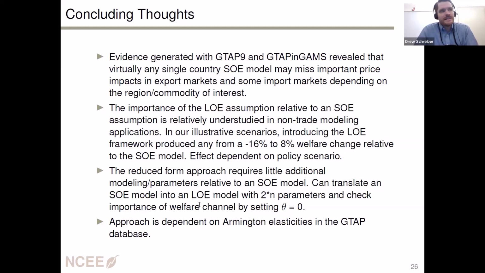And then it's easy to check the importance of this particular welfare channel by setting the thetas associated with the fixed factor representation in the model to 0, which effectively converts it back to an SOE model. And so it's easy to get a sense for how much this additional complexity might give you for a particular policy application.